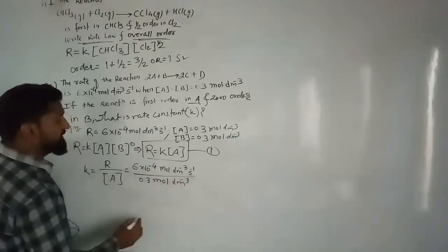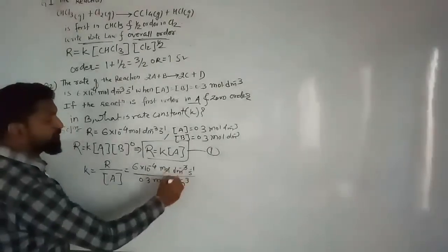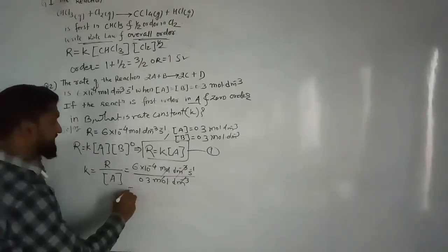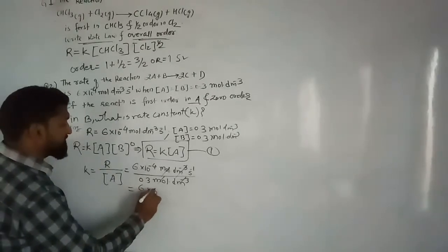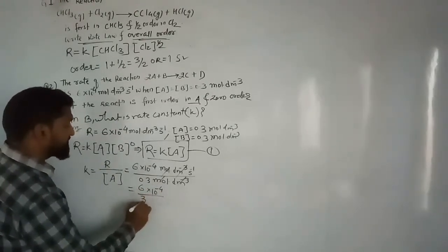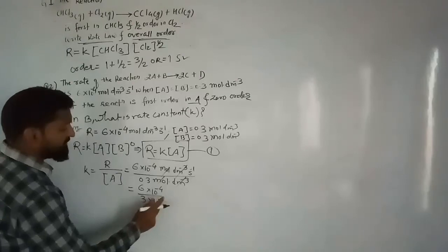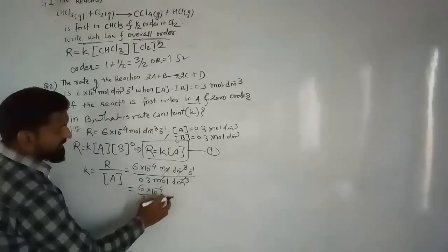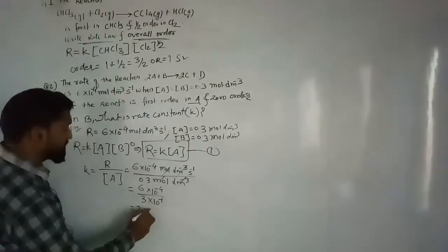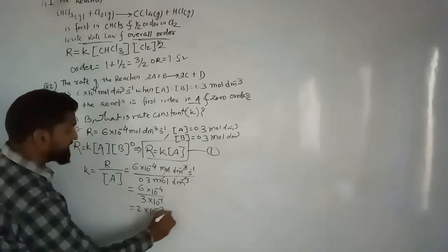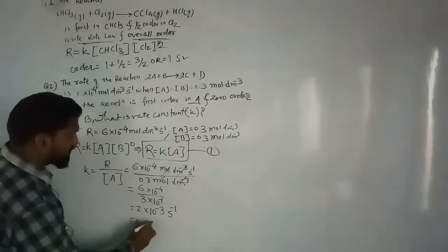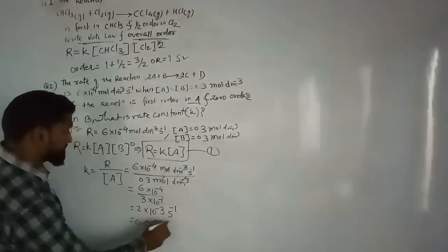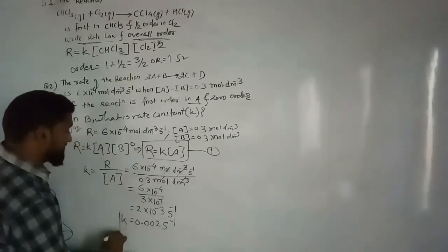See here carefully, mole will be cancelled, dm cube will be cancelled, and finally we get 6 × 10^-4 divided by 3 × 10^-1, minus 1 becomes plus 1, and finally we write 2 × 10^-3 second inverse, or you can write the same answer as 0.002 s^-1. So second inverse, that is your rate constant.